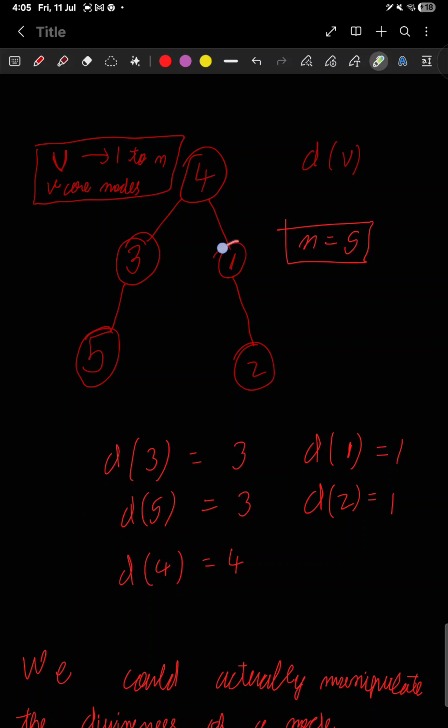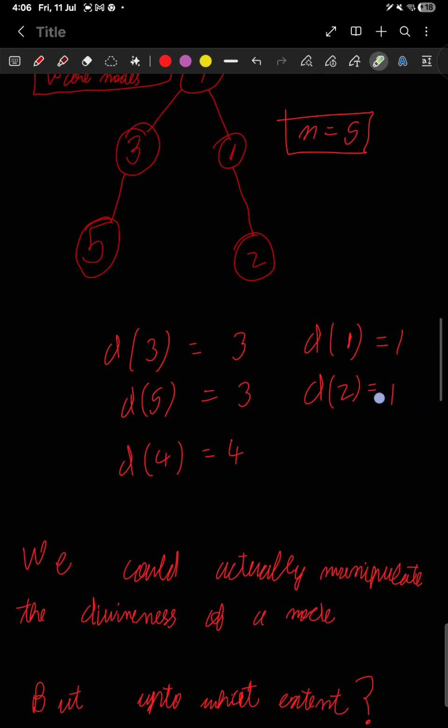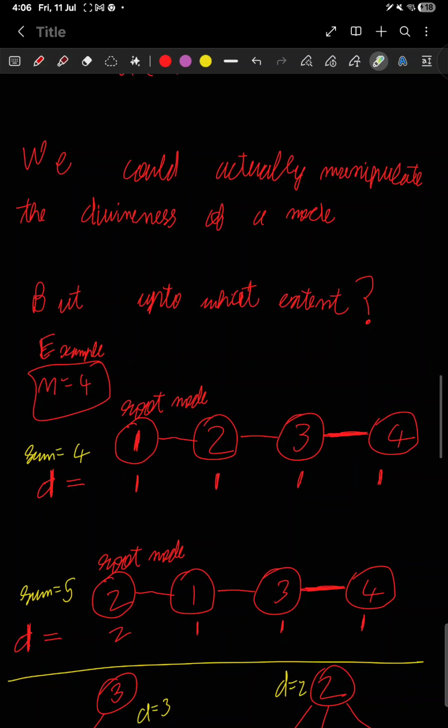If you consider this one, the smallest node on this path is 1, so d of this node would be equal to 1. And if you consider this one, then on this path the smallest value of the node is actually this one, so the divineness of 2 equals 1. I hope you have understood this one. So let's move on.